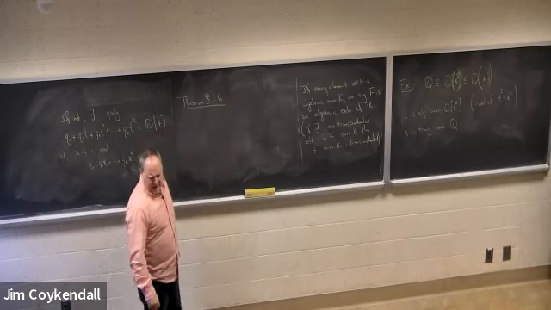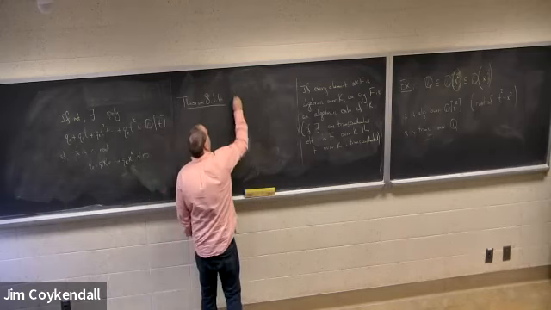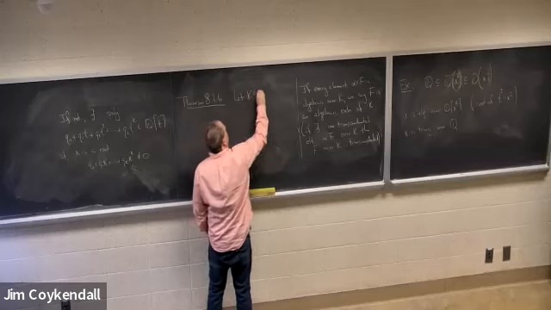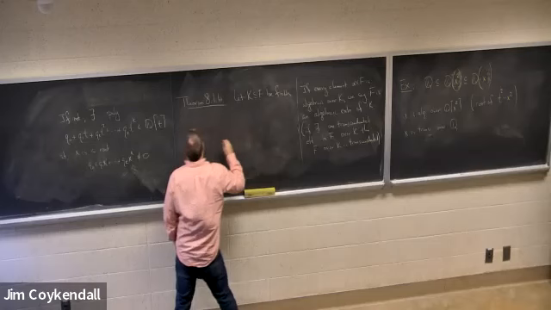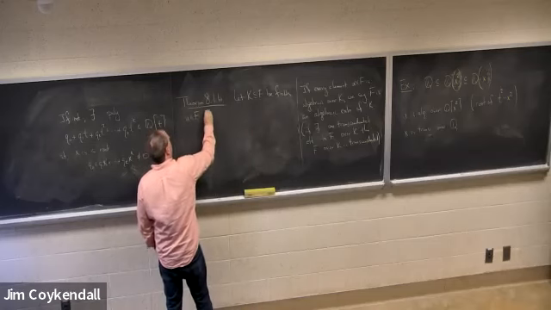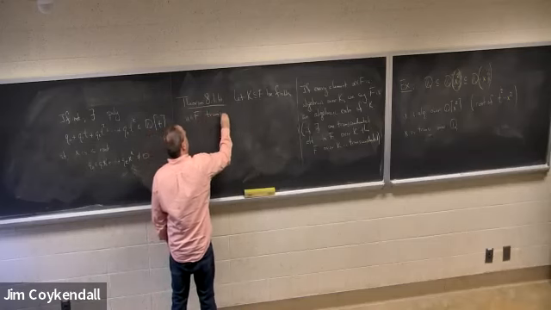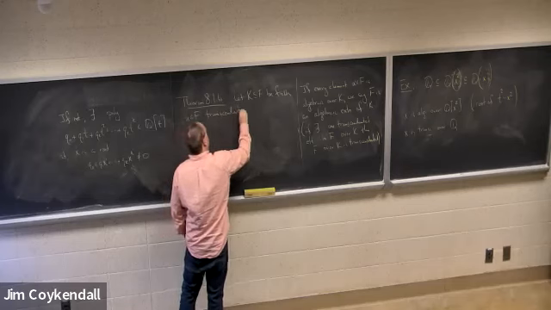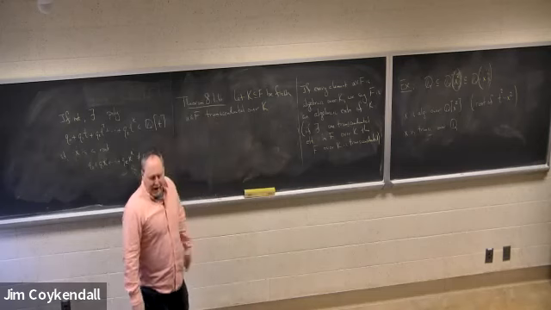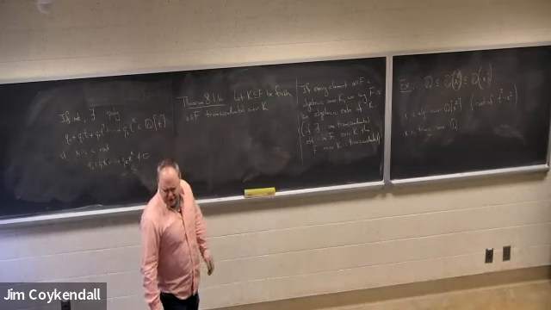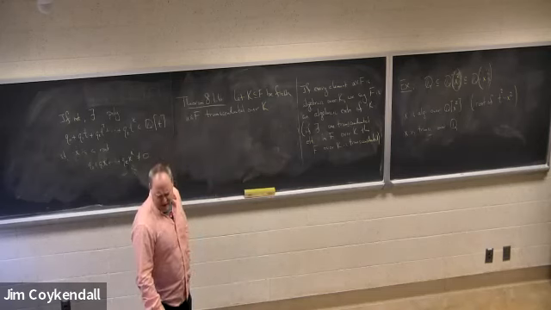Let K and F be fields, and U in F transcendental over K. So we have two fields. I've got somebody in the big one that's transcendental over the little one.